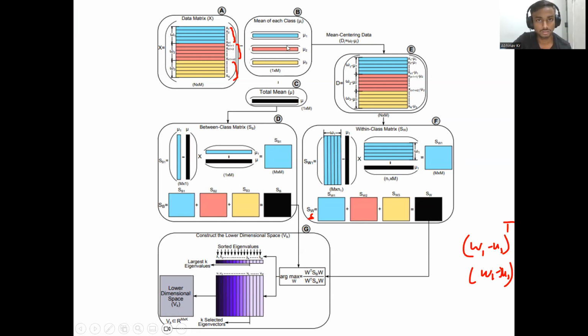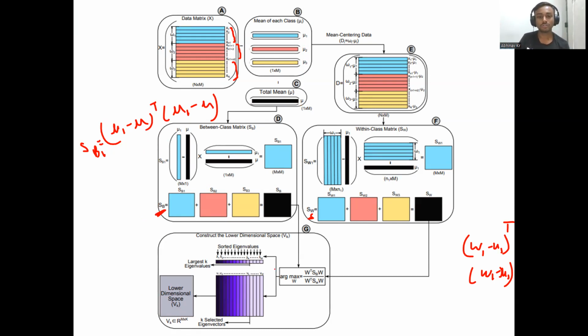Similarly, we have the mean of each class. We get the total mean, and that's how we calculate the SB matrix, right? Like this is mu1, this is mu2, and we say mu1 minus mu transpose into mu1 minus mu as SB1. And similarly, we get this for all the classes and add them to get SB.